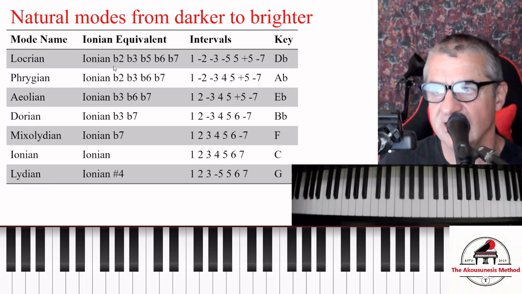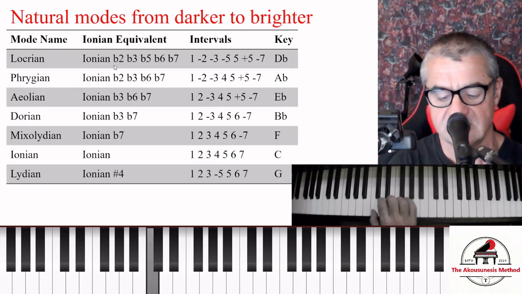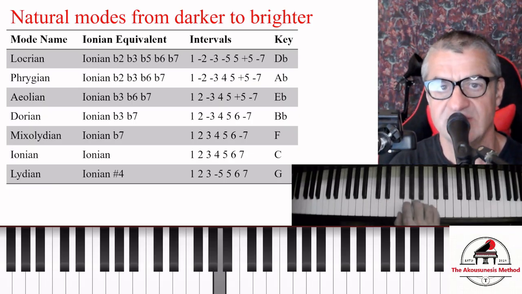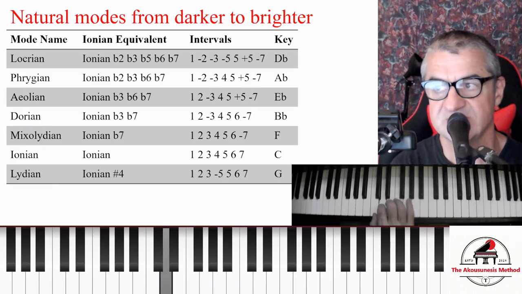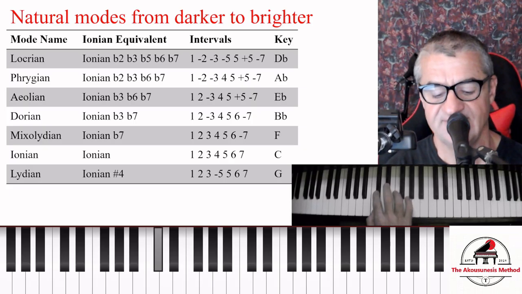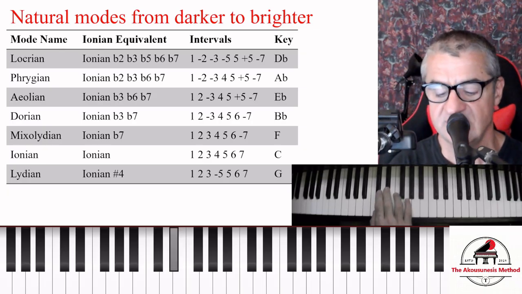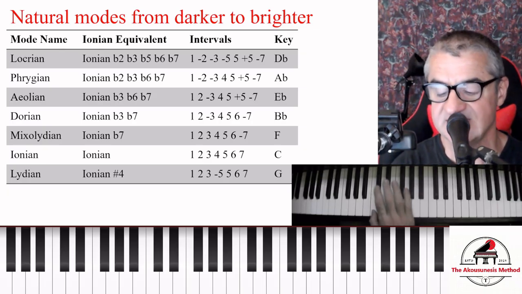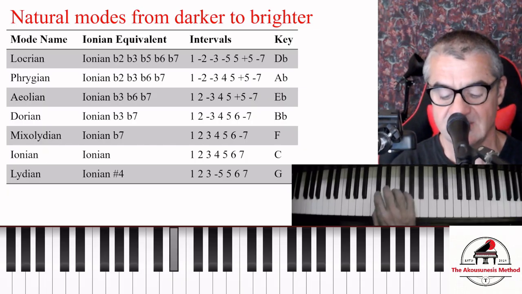So we know what an Ionian is. If we play the Ionian starting from C, that's the Ionian. Now if we do all those operations, if we flatten the second, the third, flatten the fifth, flatten the sixth, flatten the seventh, we have that.